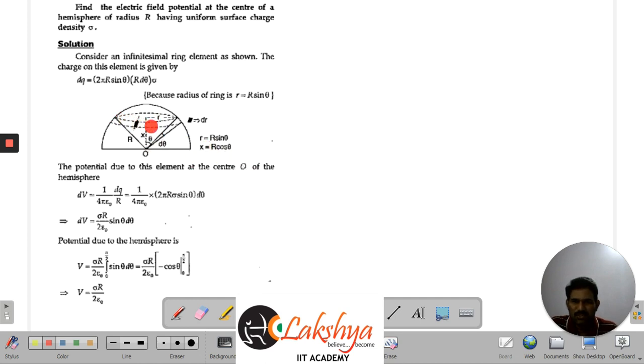Next, let us write the charge present on this ring element. This is a small ring element. If you cut the hemispherical shell like that, you will get a small ring element. The charge present on a two-dimensional object like a surface can be written in terms of surface charge density, so sigma into the area dA.